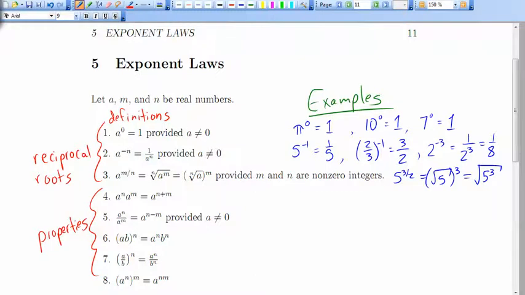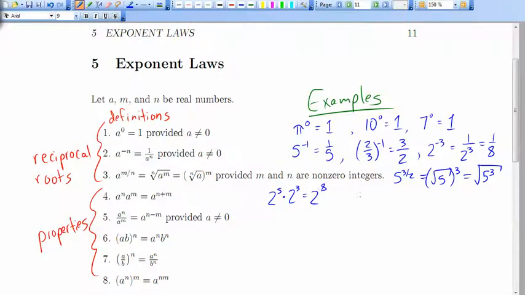So the first one says if you have 2 powers with the same base and you multiply them together, you get a new power that has the same base with the old exponents just added up to get the new one. So as an example, you might have 2 to the 5 times 2 to the 3, and that would give you 2 to the 5 plus 3, 2 to the 8. But this law works backwards as well.